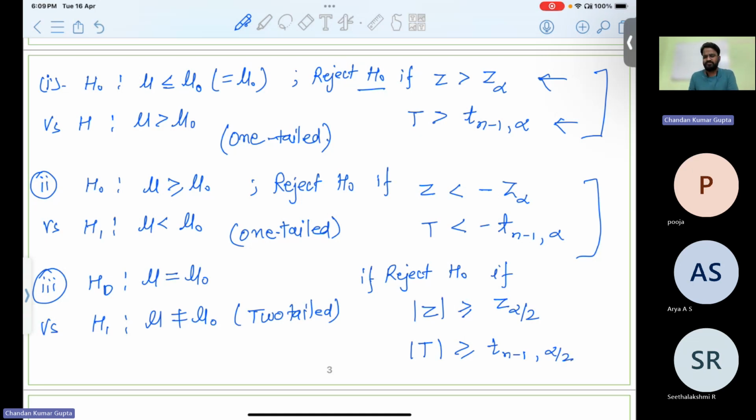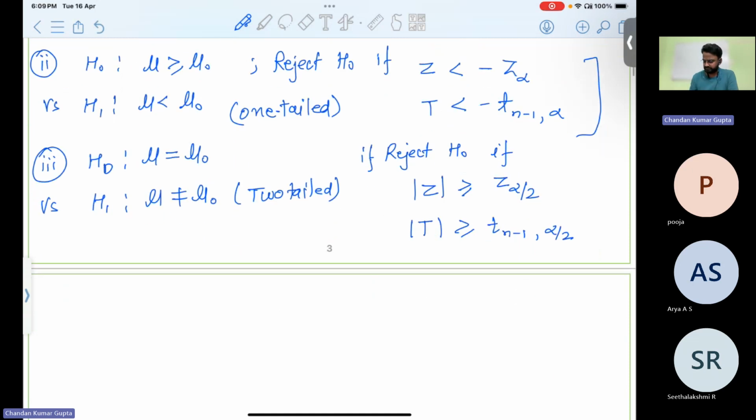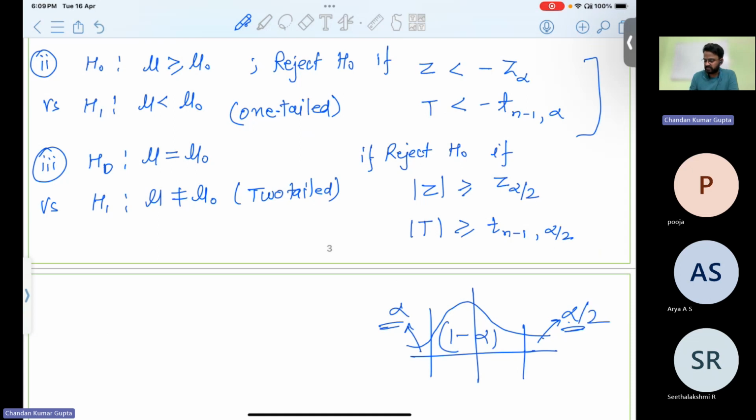These alpha by 2 come because when we are discussing a single tail, it is either this alpha or this alpha, not both. But when we are discussing the dual tail, this is 1 minus alpha and this is alpha by 2 and this is alpha by 2, so we use this.